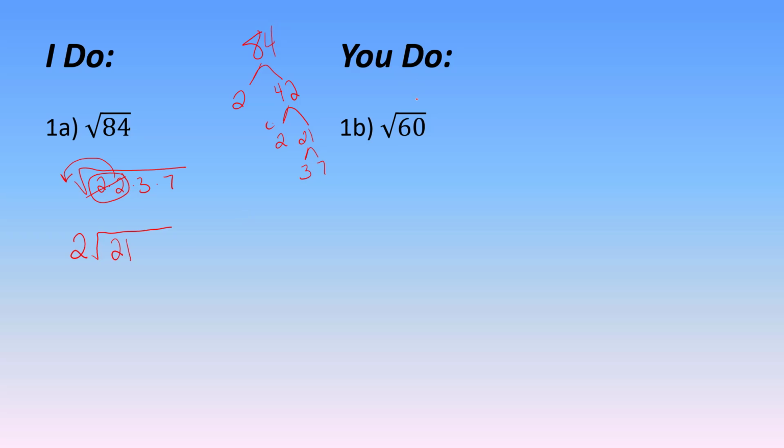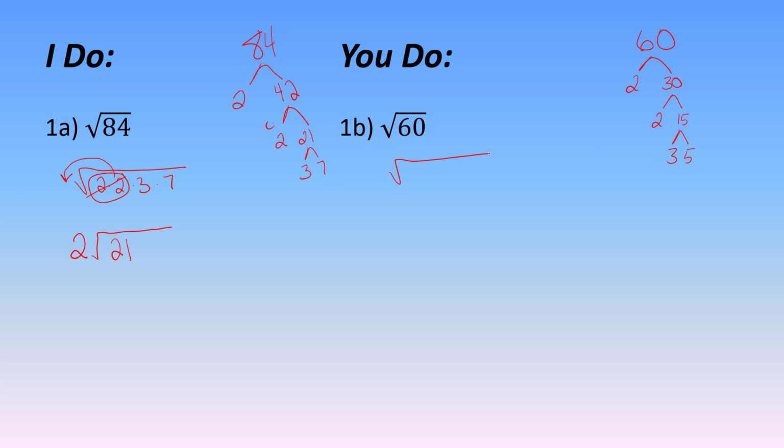All right, pause the video, see if you can model that same process for the square root of 60. All right, welcome back. So we want to look for our factors of 60. So 2 goes into 60 30 times. 2 goes into 30 15 times. 2 no longer goes into 15, but 3 goes into 15 5 times.